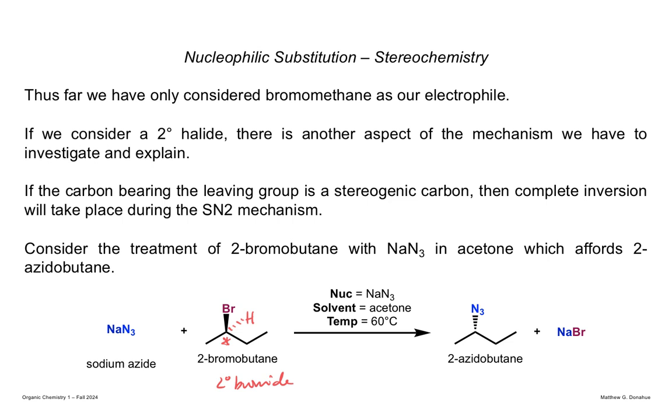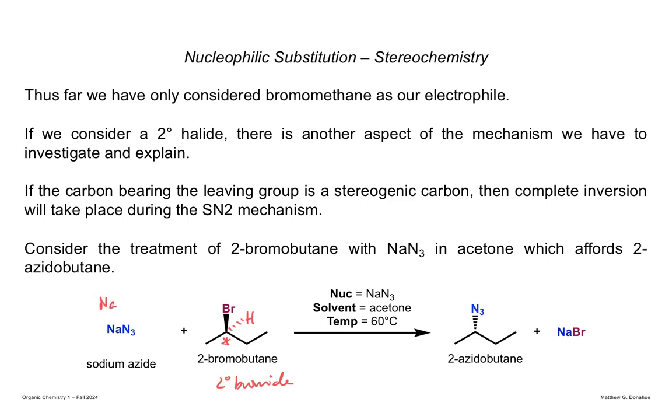We have bromine, we have H, we have methyl, and then ethyl on the other side. Because the nucleophile has to attack the carbon bearing the leaving group at 180 degrees due to the antibonding orbital, the stereocenter inverts.